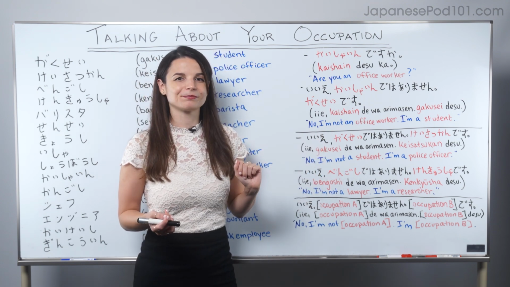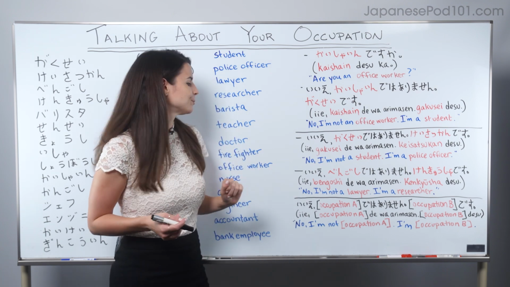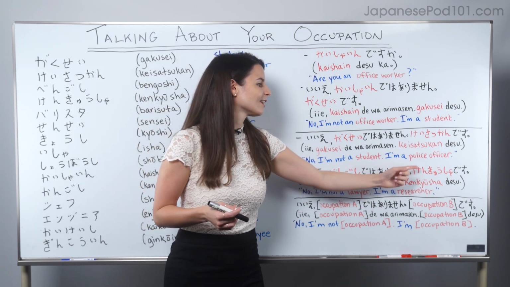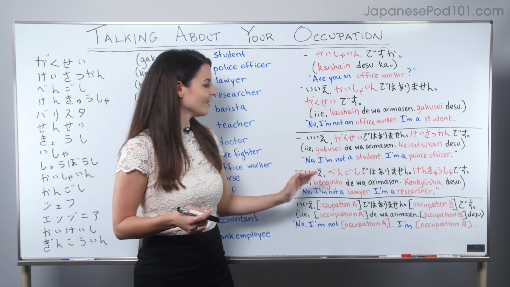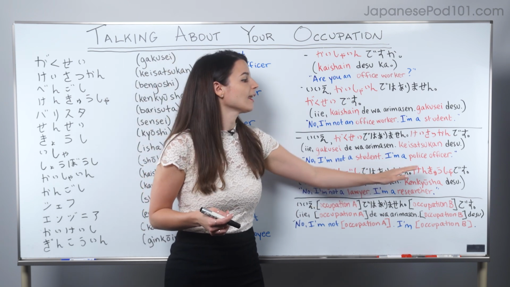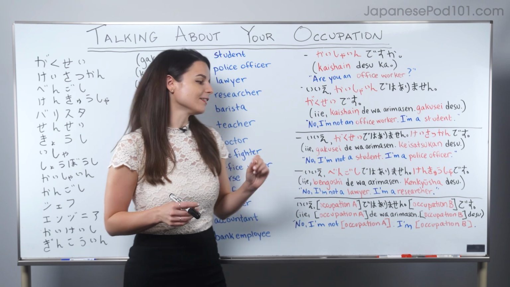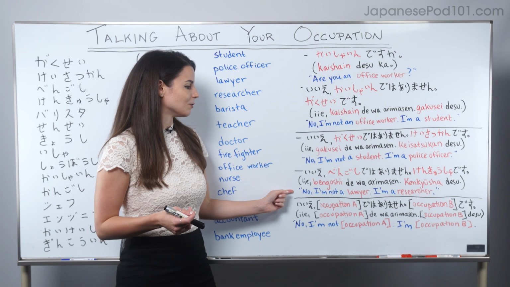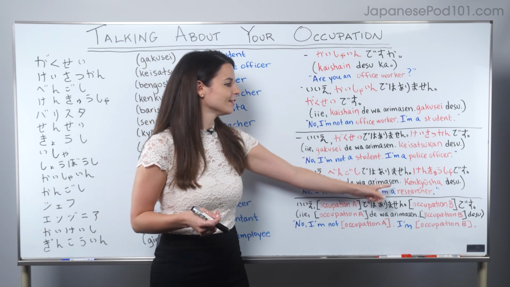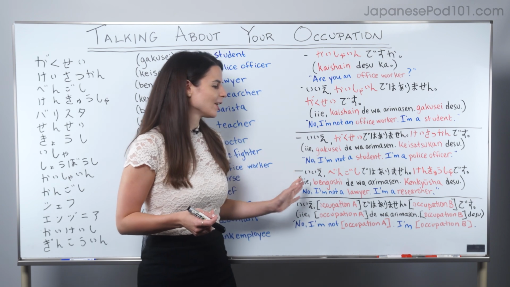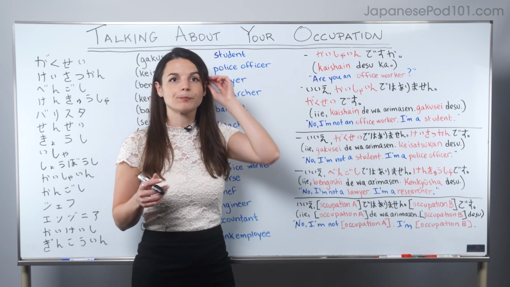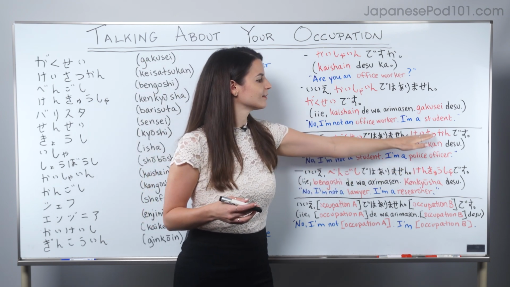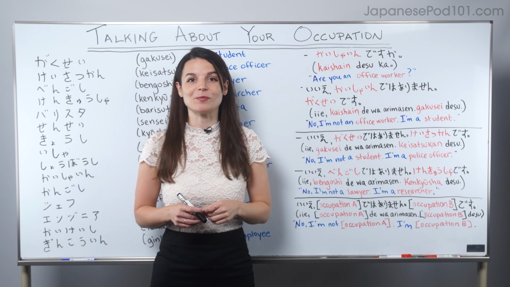I'm a police officer. Okay, let's look at one more example. いいえ、弁護士ではありません。研究者です。In this sentence, we have 弁護士, lawyer. This means, no, I'm not a lawyer. I'm a 研究者, researcher. So we can change the occupation in these parts to reference your true occupation.